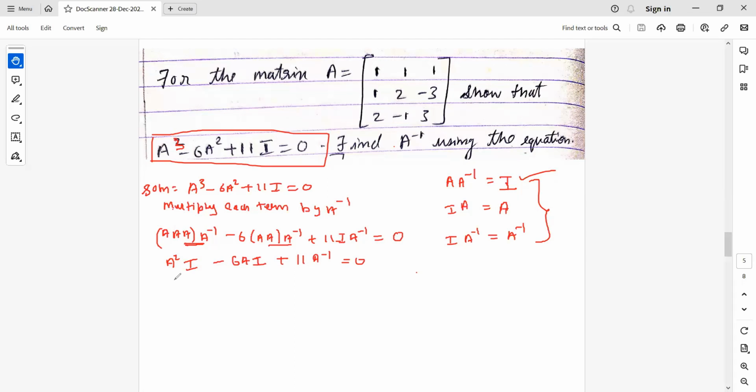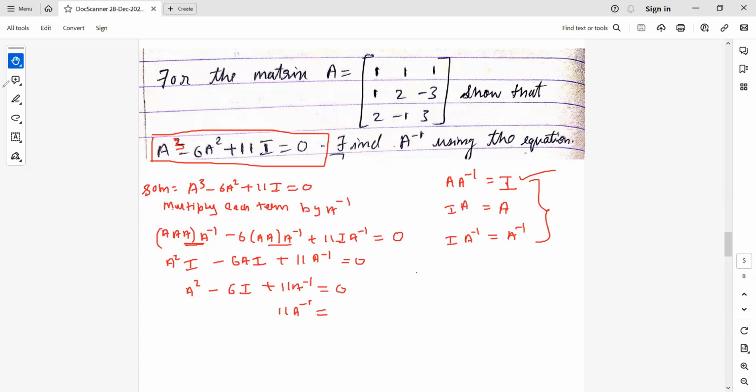Next, one more step we need to do here. The step is A square into I. See, A square into I, again it will be equal to A square. 6A into I, we discussed the second formula. A into I is equal to A, and 11A inverse will remain as it is, which is equal to 0.